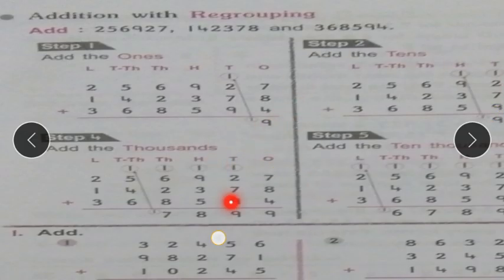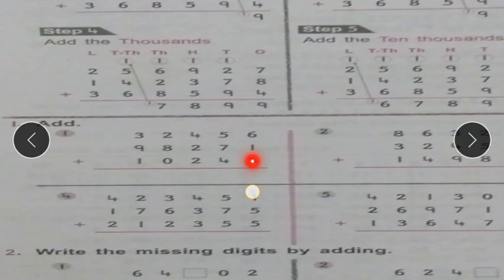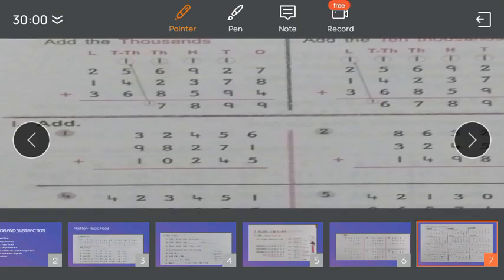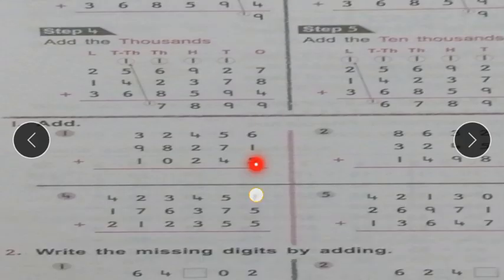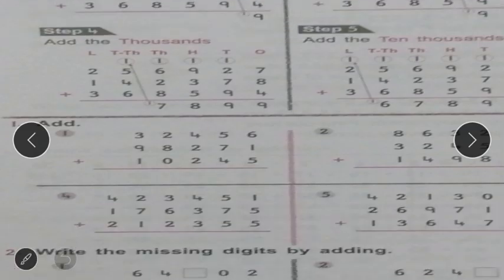But when you are doing questions like add, here it is given, these are the examples which are done for you. Here it is given add, so directly you have to add it. First of all the ones place: 6 plus 1, 7, 7 plus 5, 12.